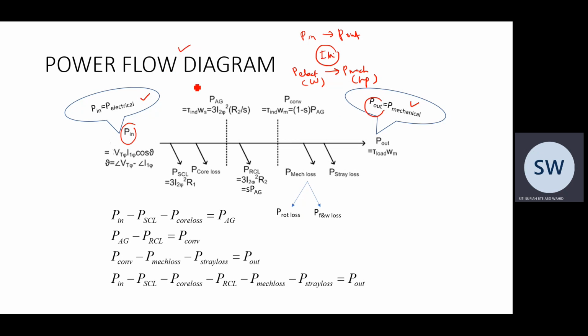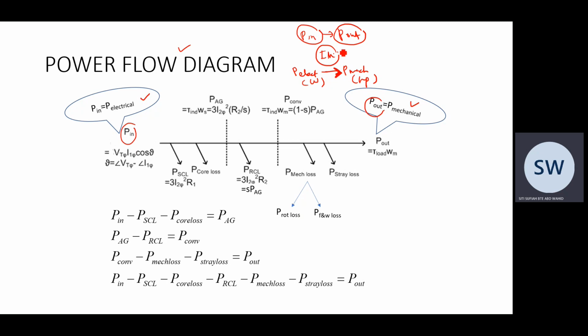So actually, any equipment, we want to deliver 100% of input power to the load at the output side. In other words, we want to convert 100% of the electrical power into mechanical power.